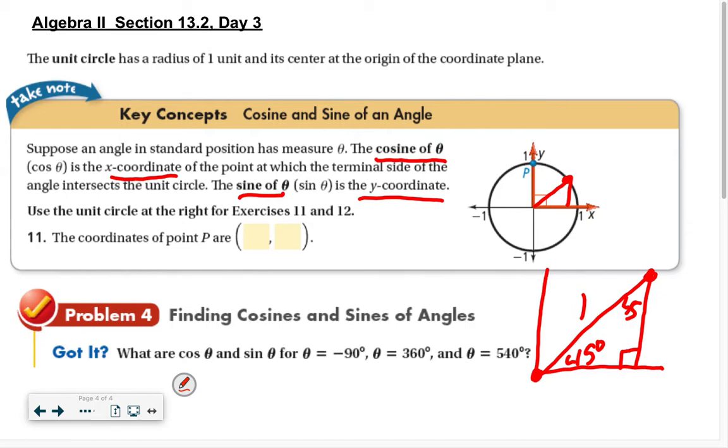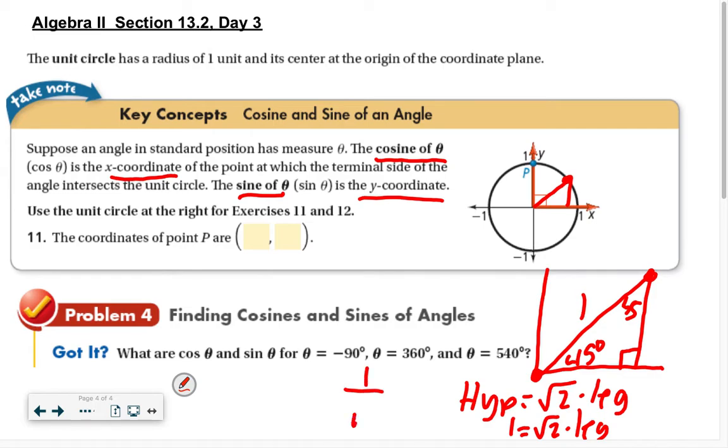You guys remember your formulas, where a hypotenuse is square root of 2 times our leg? Do I know my hypotenuse or my leg? My hypotenuse. How big is my hypotenuse? 1. So I have 1 equals square root of 2 times the leg. How would I get my leg by itself? Divide by root 2.